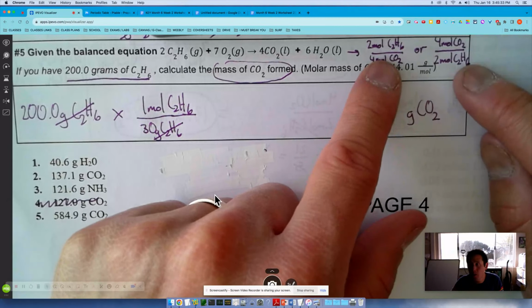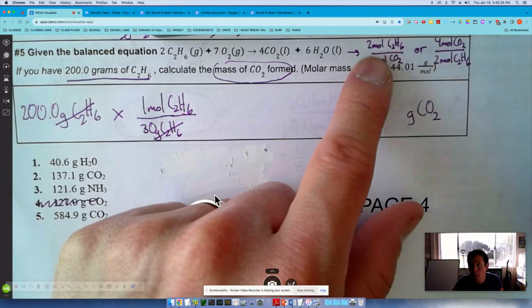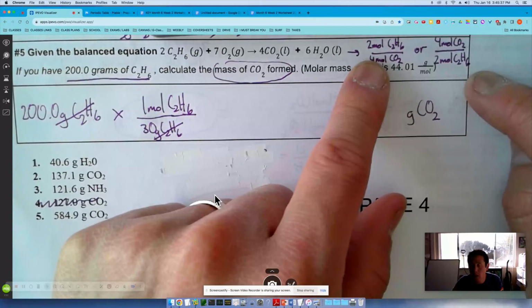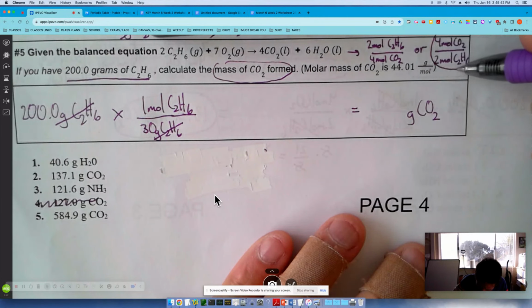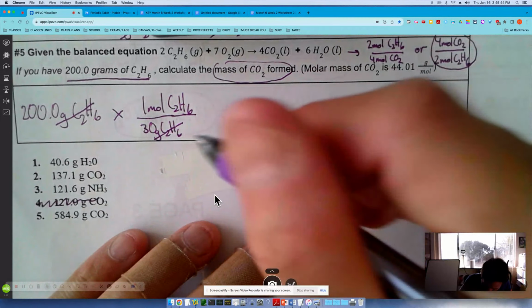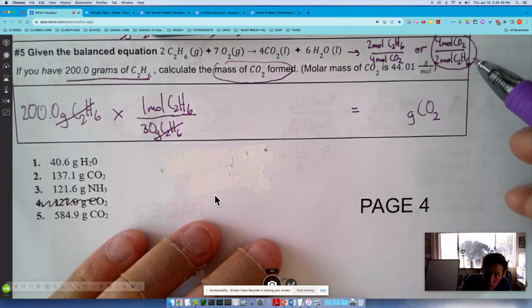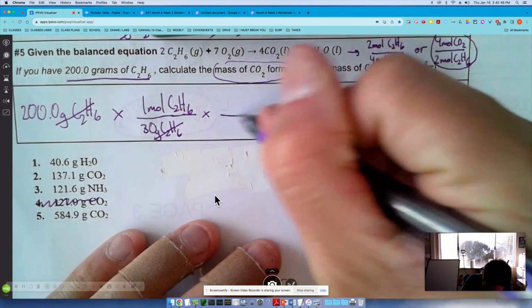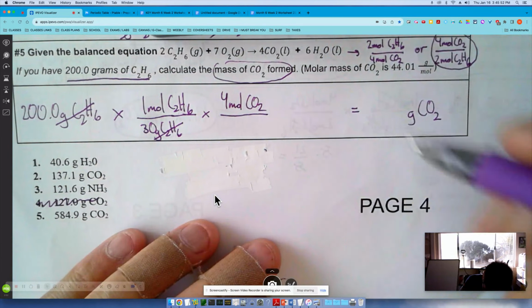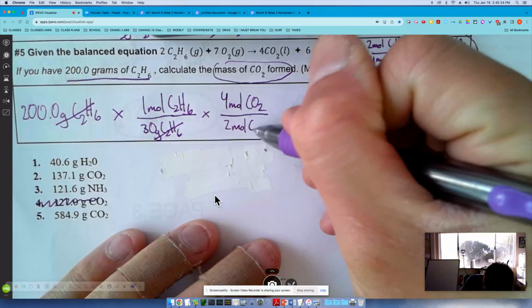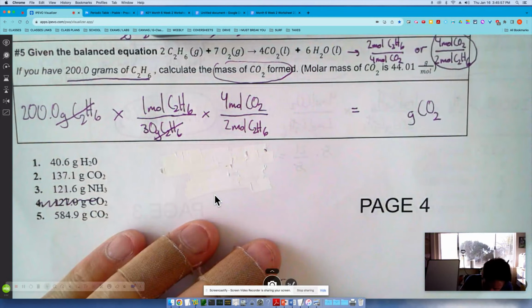Let's take a look at both versions. Which version am I going to go with? The answer is this version on the right. So I'm going to multiply this by this conversion factor: 4 moles of CO2 on top and 2 moles of C2H6 on the bottom.